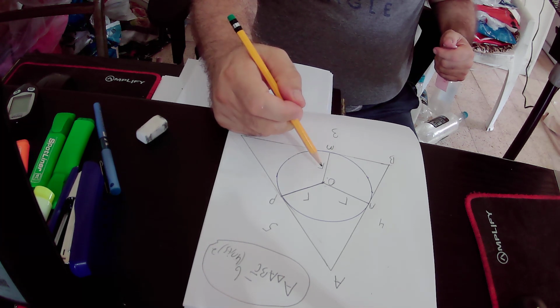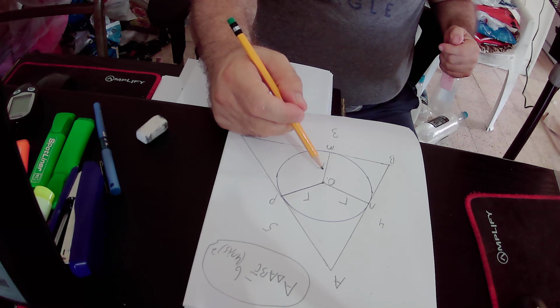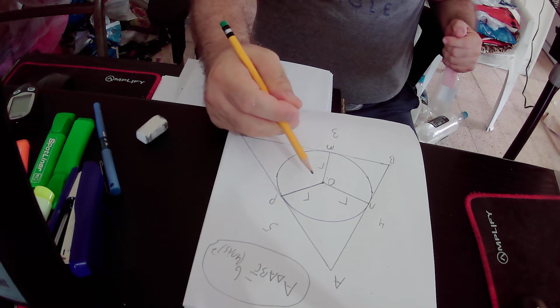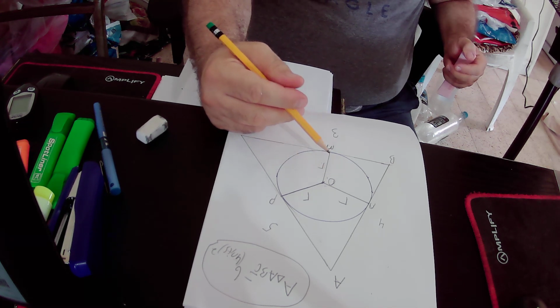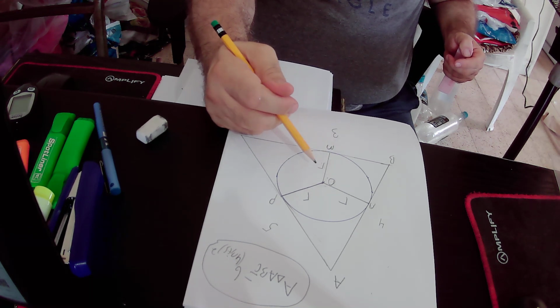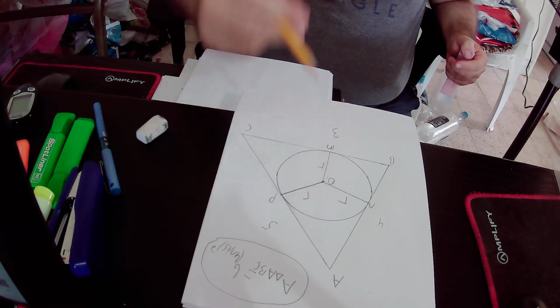All of them start from the center of the circle, and all of them end at a point on the circle itself. For that reason, those three line segments are defined as the radiuses of this circle.